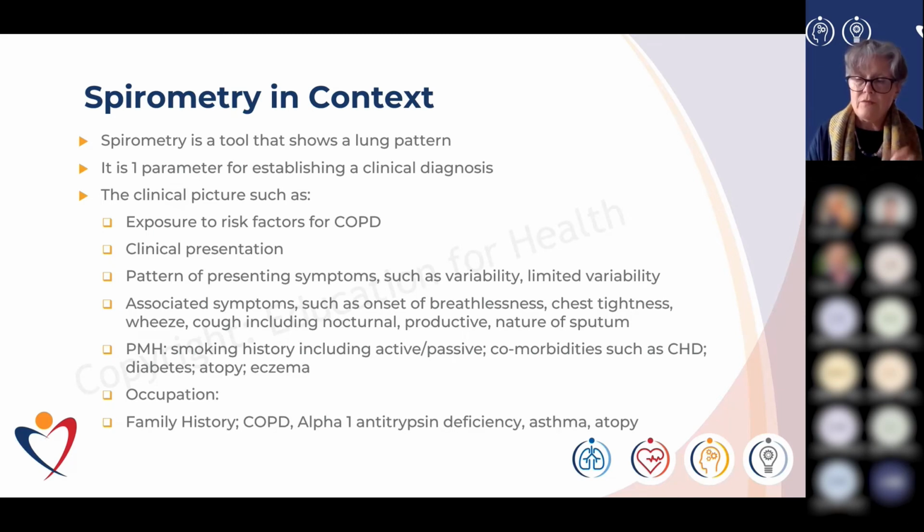So it's always worth recognizing that. And of course, looking at family history of asthma or atopy. All of this is important in order to inform your clinical decision making.